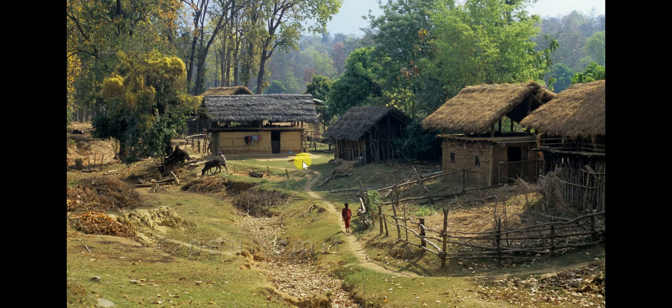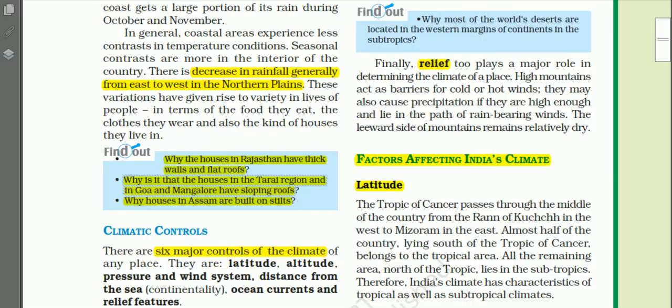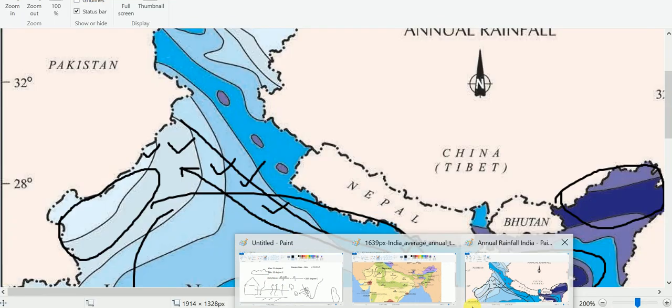So what could be the reason for this? So that the water does not get stored. Yes, very good. Because Terai receives heavy rainfall, that is why they have to have these steep slopes. Because if we have steep slopes of roof, then the rainwater will run down quickly, right?